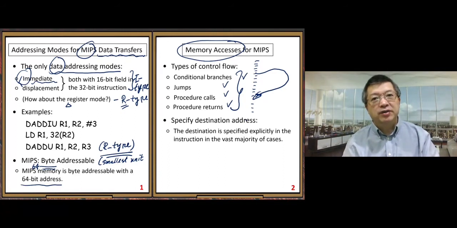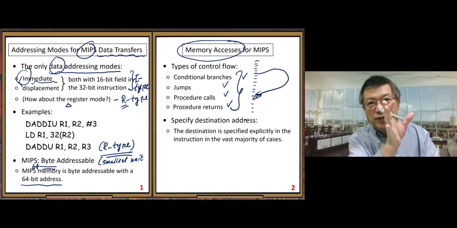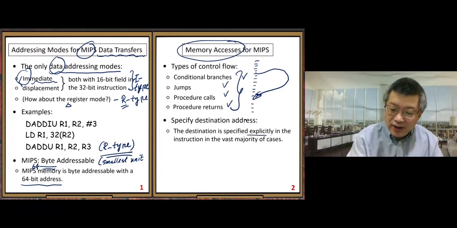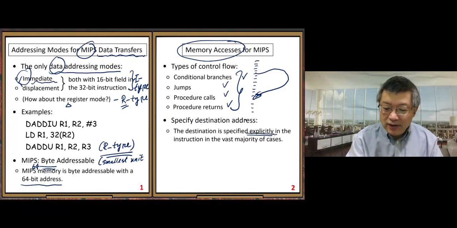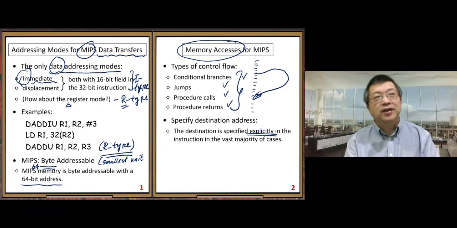In some very small situations it is not specified explicitly but implicitly. But in the vast majority, you need to specify it.